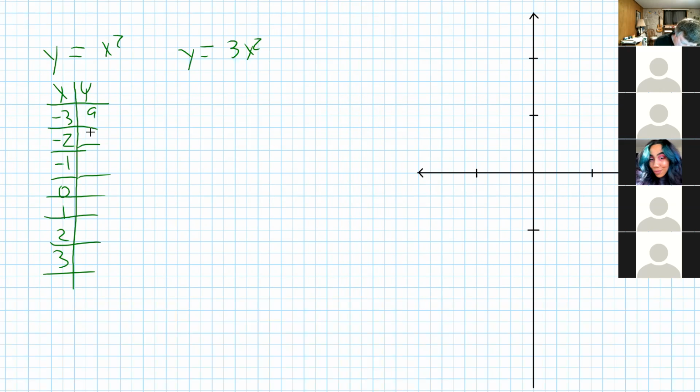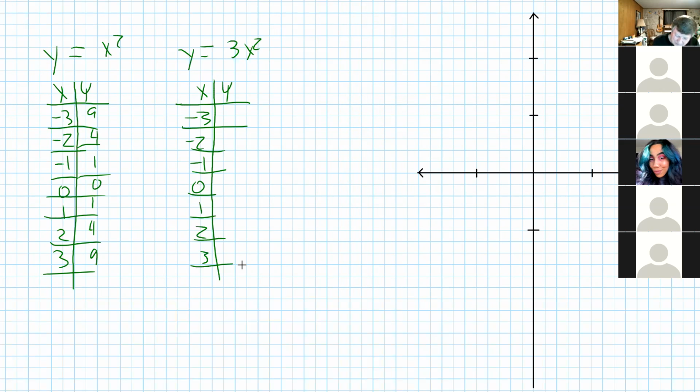And this is 9, 4, 1, 0, 1, 4, 9. What if I put a 3 in front of x? Order of operations, you'd have 3 times -3 squared, which is 3 times 9.